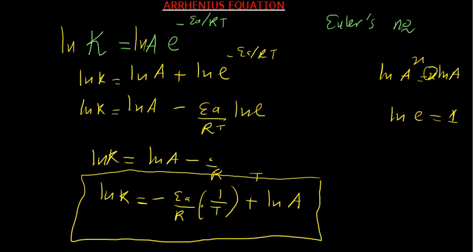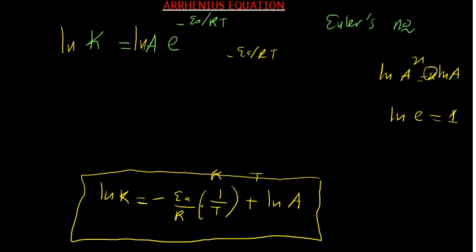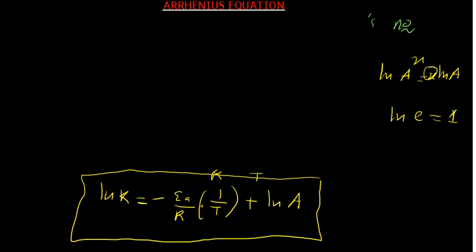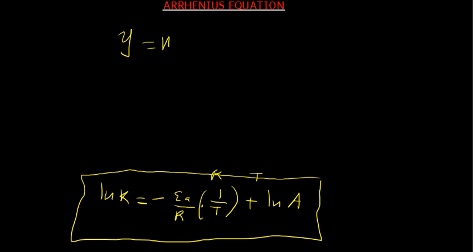Now what does this mean if we have got all this? So this is in the form y is equal to mx plus c, where in this case our y is natural log of k, and then our m, that is the gradient, the gradient is negative the activation energy divided by R, and then we have got 1 over T as x.